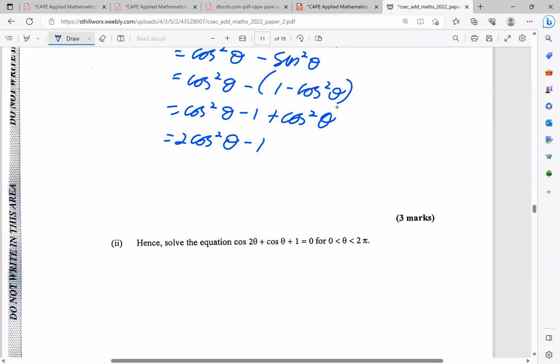Now they say hence. Anytime you see the word hence or thus or so on, you have to use the result from before to solve it. Cos 2 theta plus cos theta plus 1 equals 0. So we use that: 2 cos squared theta minus 1 plus cos theta plus 1 equal to 0.